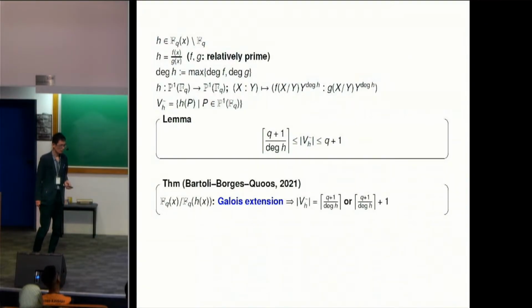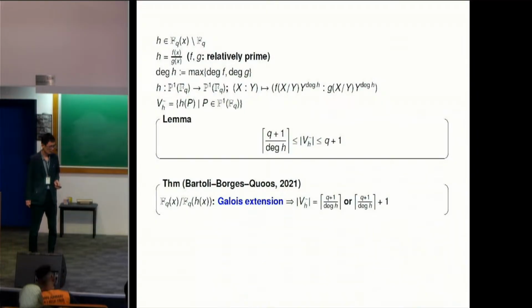Then Bartoli, Borges, and Quoos proved the following theorem. Assume the field extension coming from H is a Galois extension. Then the number of values is equal to the lower bound or the next.